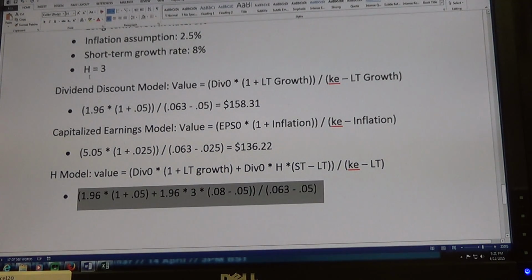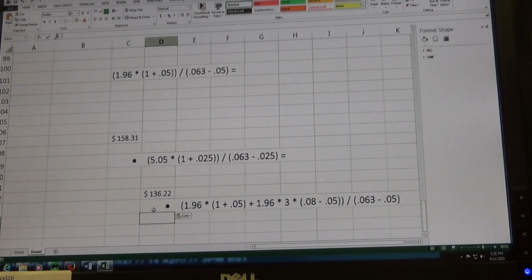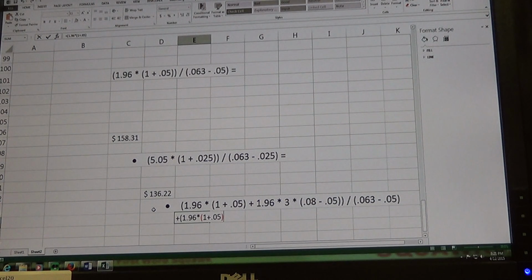So obviously this will give us a higher number than the $158. So 1.96 times 1 plus 0.05 plus 1.96 times 3 times 0.08 minus 0.05. All of that divided by 0.063 minus 0.05. And we get $171.88.